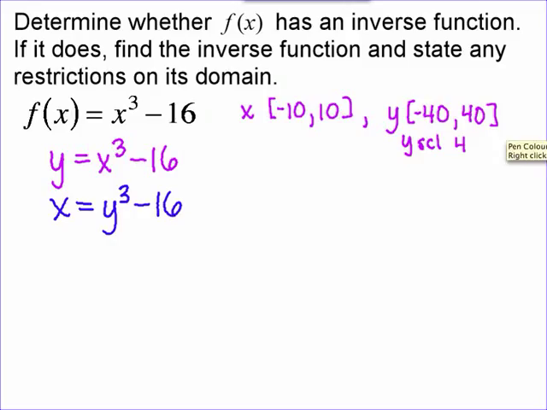So now what we're going to do is, we always have functions y equals something, so I'm going to solve this for y. To solve this for y, to get y all by itself, what are you going to do first? Add 16. So I'm going to add 16 to both sides. Now we've got to take the cube root.